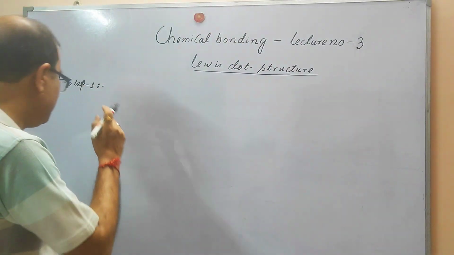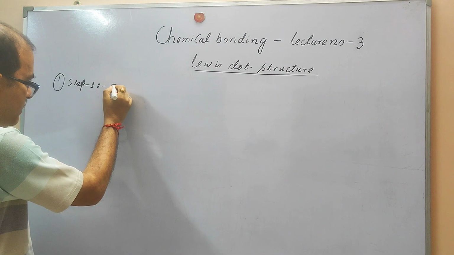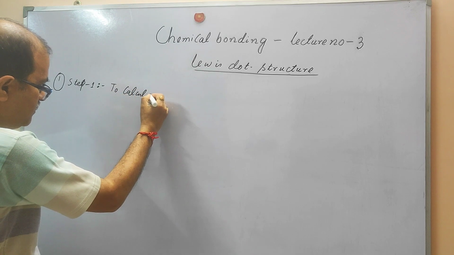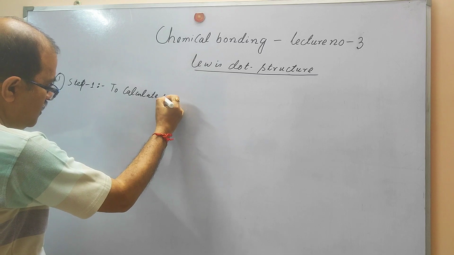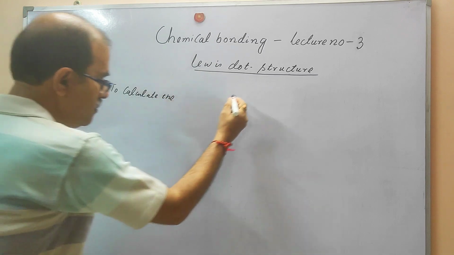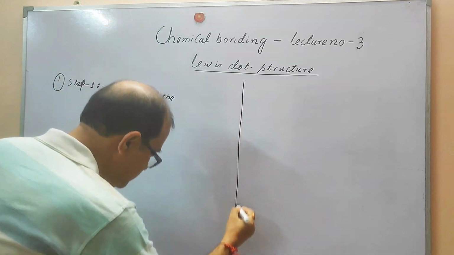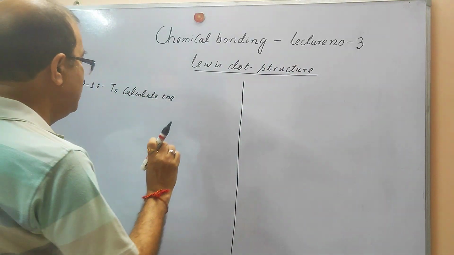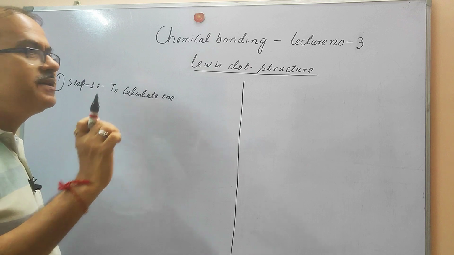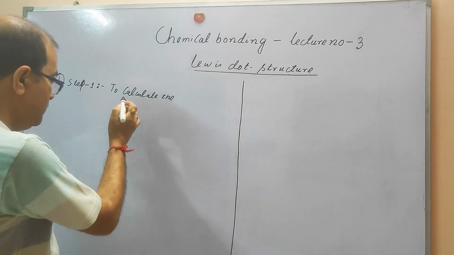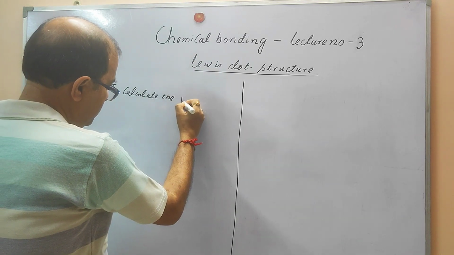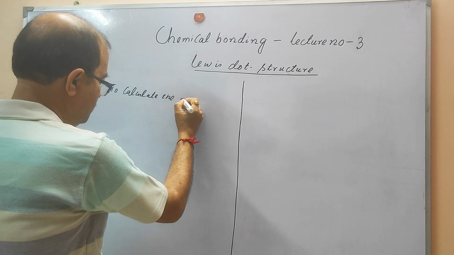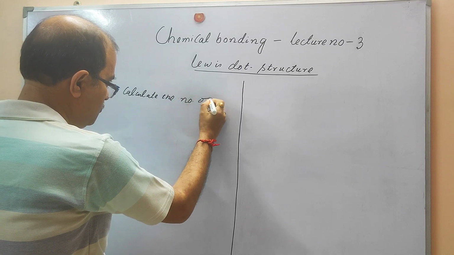So the first step is to calculate the number of electrons. In the first half we will write these rules, and in the second we will take examples and proceed accordingly.